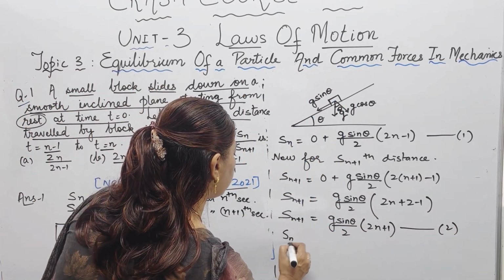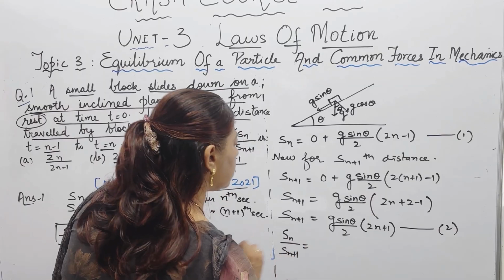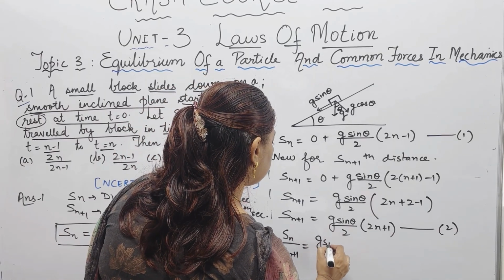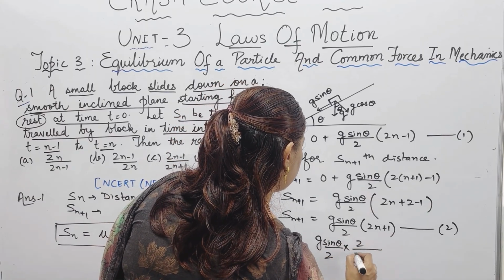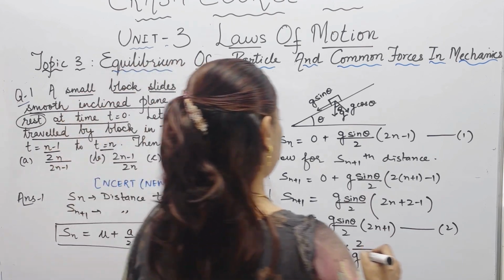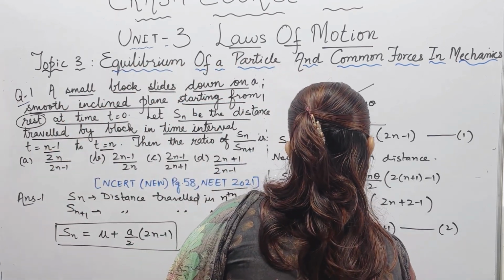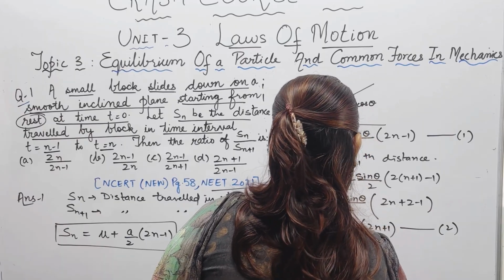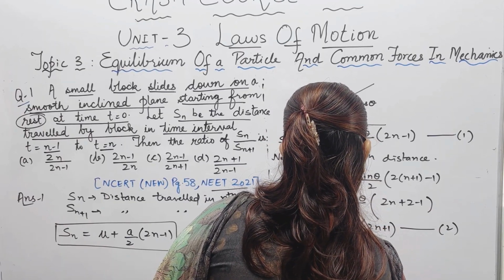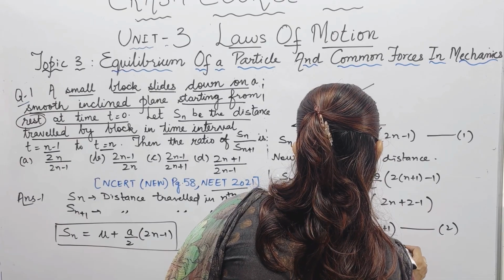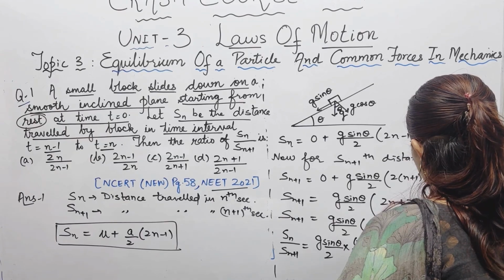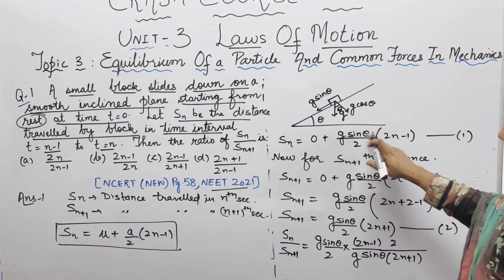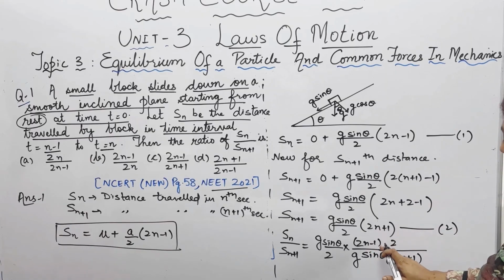So Sn over Sn plus 1 is g sin theta by 2 into (2n minus 1), divided by g sin theta by 2 into (2n plus 1).